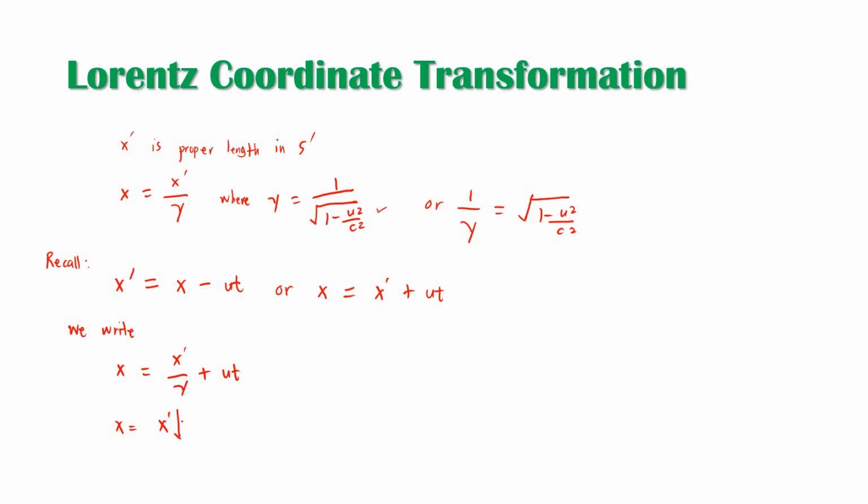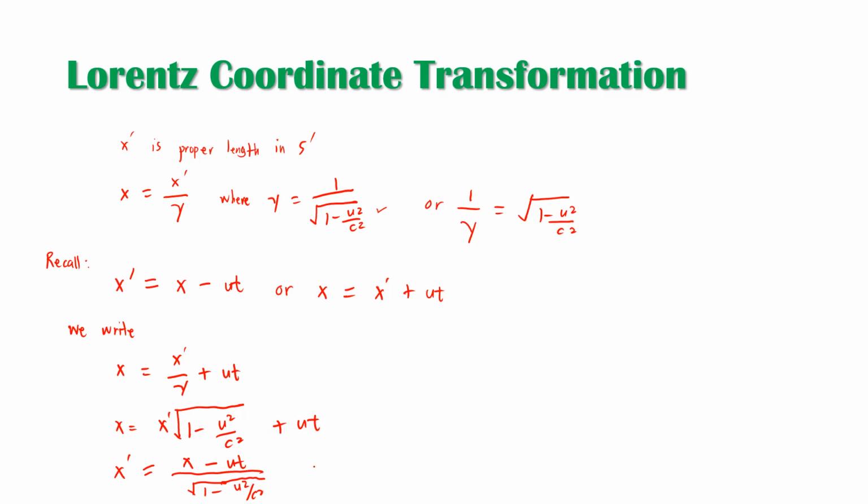So x is equal to x prime multiplied by the square root of 1 minus u squared over c squared, plus u times t. And then solving for x prime, we have this equation. x prime is equal to x minus ut over the square root of 1 minus u squared over c squared.